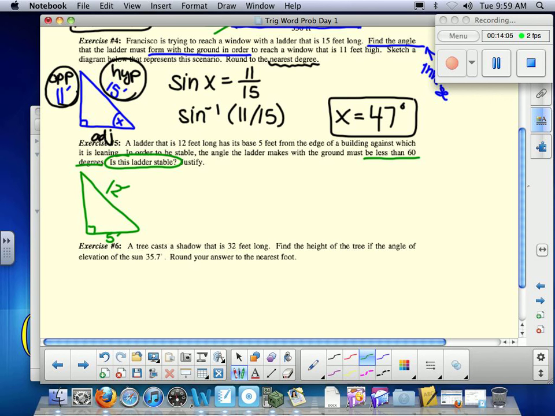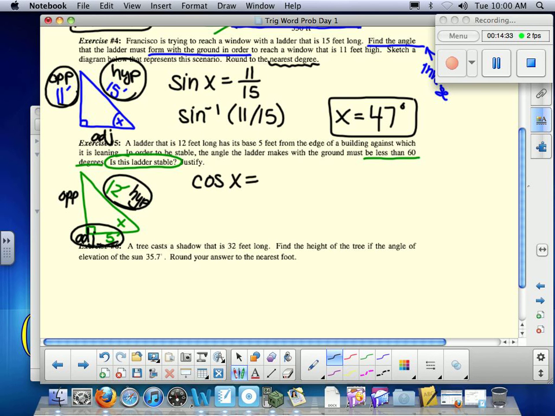And it's leaning. In order to be stable, the angle the ladder makes with the ground must be less than 60 degrees. Do I put a 60 here? No, it's going to be less than. I'll put X. So we're going to do some comparing. All right, I'm going to label. Now we can use cosine.